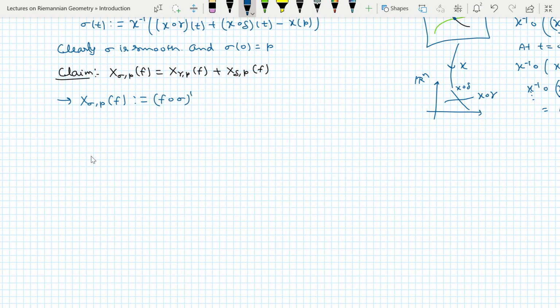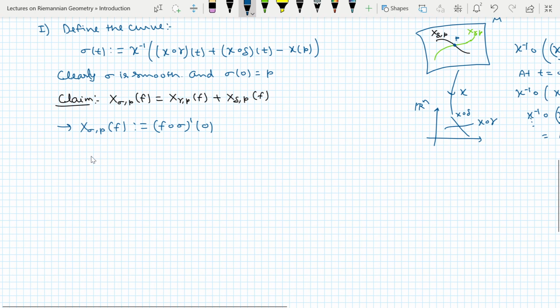So this will be f composed with σ, and we take the derivative at the parameter value 0. Now we know what σ is, so just put in σ here. This will give us f composed with x inverse, and this is composed with, I hope I will not make any mistake while writing it down.